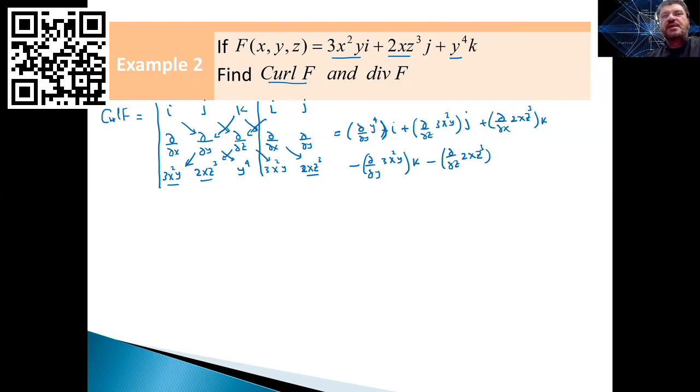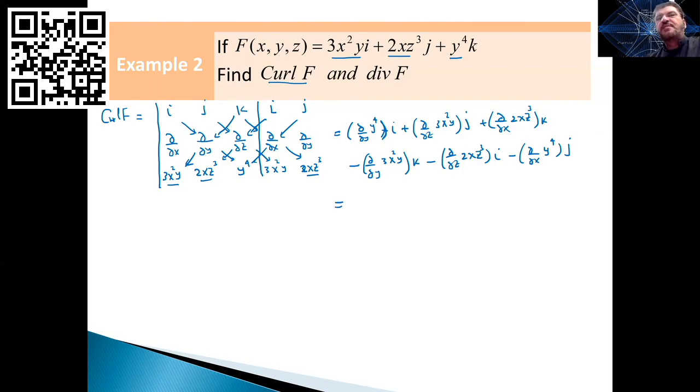And this is, by the way, if you look here, this is i, and minus, with the j, we have d over dx of y to the 4, all times j. This is how you find the determinant.